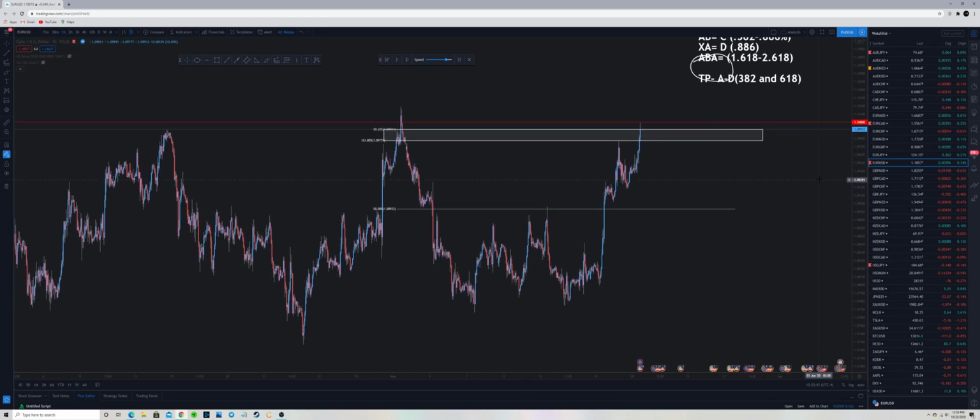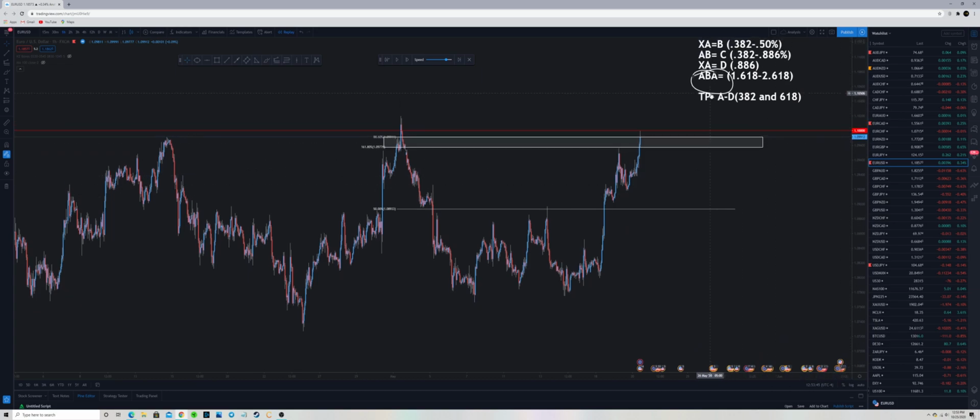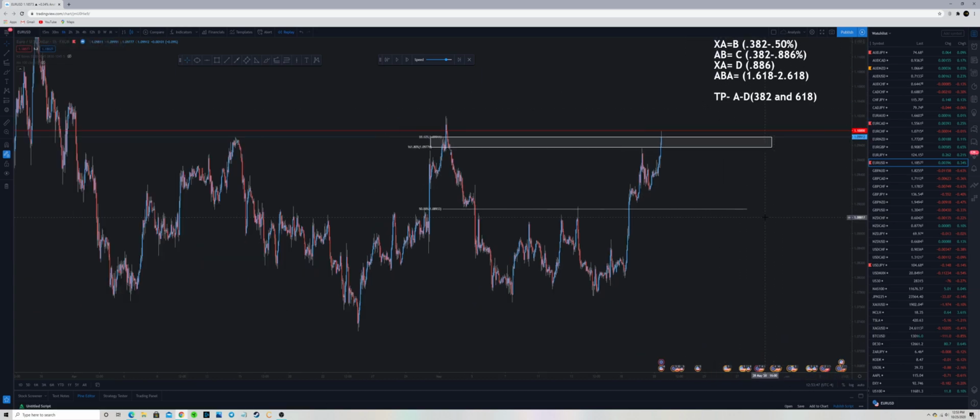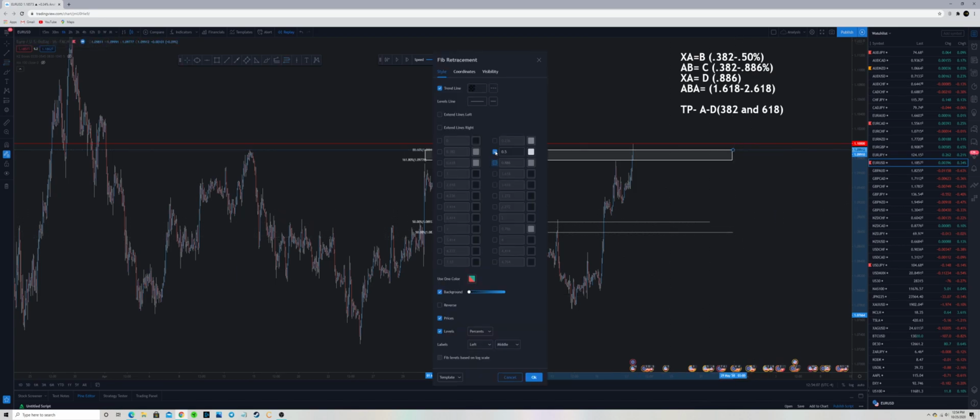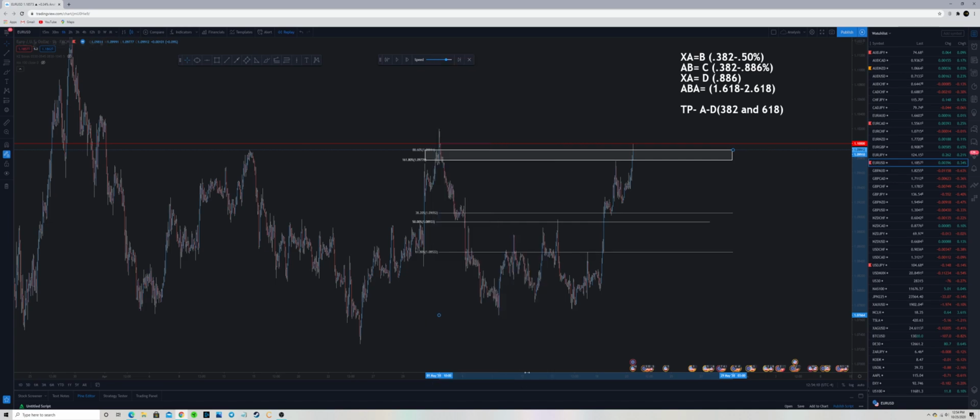Now our take profit areas, or take profit levels, are Fibonacci retracements as well. You see here, TP, take profits, A to D point. And the Fibonacci retracements that we will be using are the 382 and the 618. So what you want to do is take the fibs from the A point to the D point, which is 86, and throw in the 382 and 618 on there.